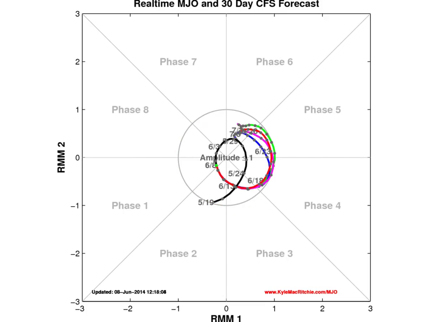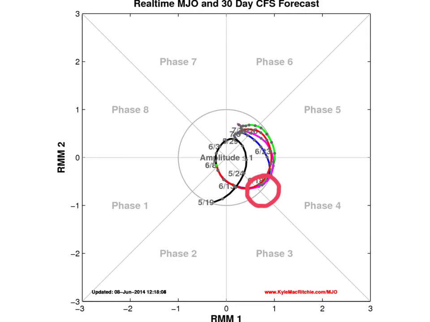And you notice how it comes out here into phase 4 around about the 17th, 18th, which of course is what we were just looking at, and according to the CFS here, it keeps us in phase 4, then into phase 5 around about the 23rd of June.